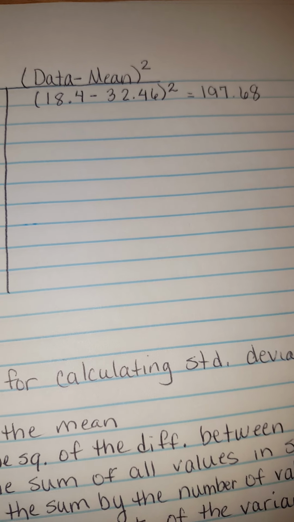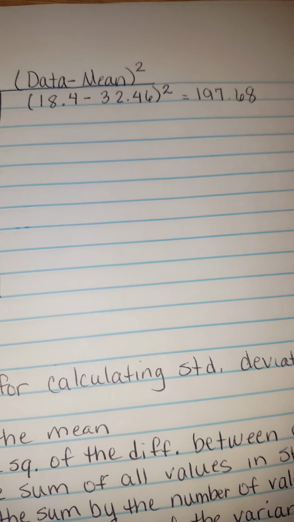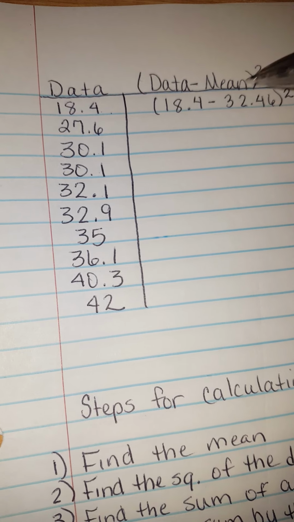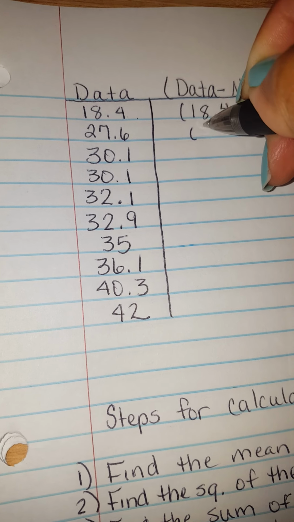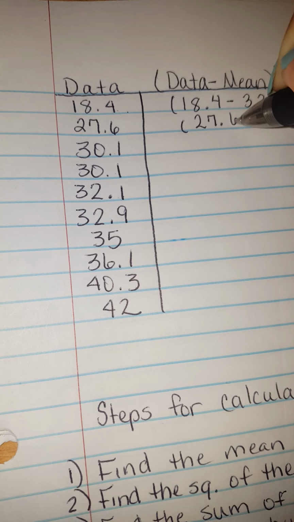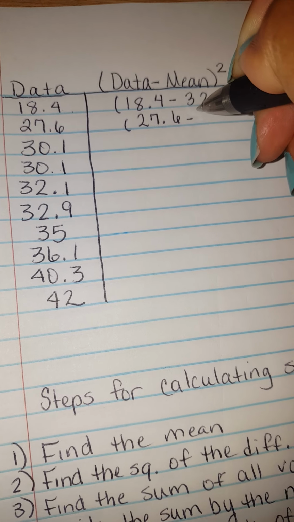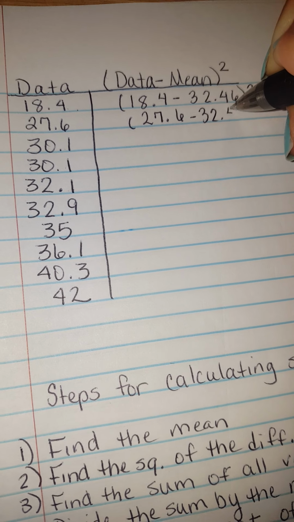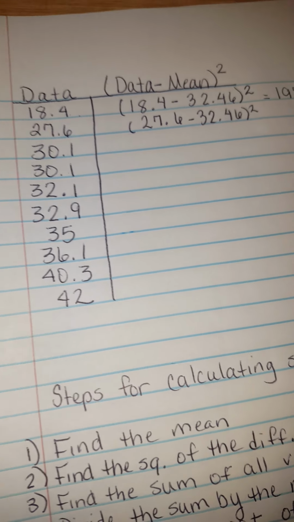I'm going to do the same thing for the next number in the data set. That next value is 27.6 minus our mean, which is 32.46, and then we're going to square it.